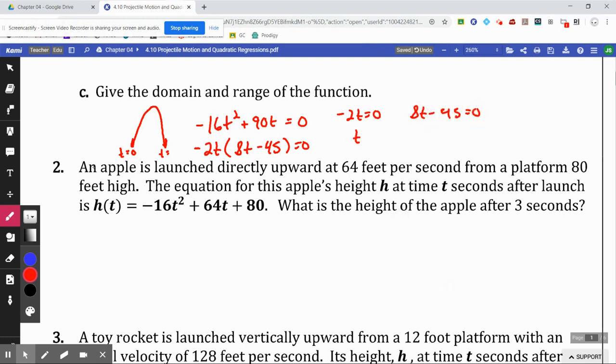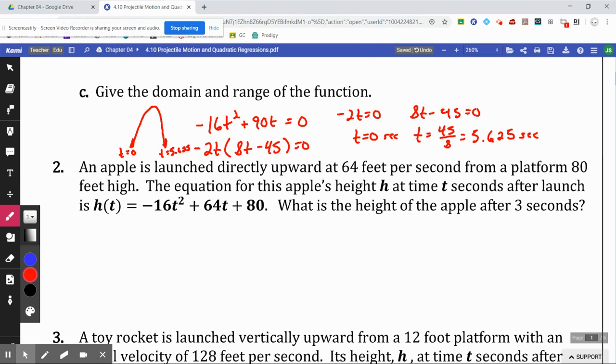Dividing by negative 2 gives you t is 0. Add 45 and divide by 8 gives you 45 over 8, which is equal to 5.625, and those are in seconds. So it's on the ground at 0 seconds and it's on the ground at 5.625 seconds.